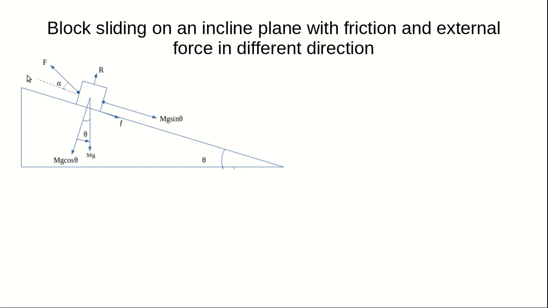F cos alpha, because this is adjacent over hypotenuse. So F cos alpha minus this will be equal to what? The ma. So F cos alpha minus mg sin theta minus mu R equals ma.